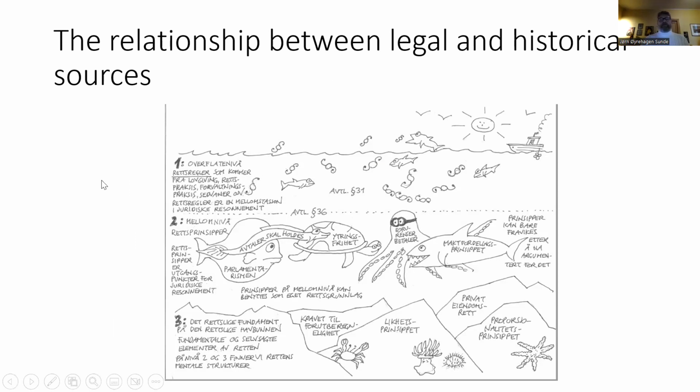So if you imagine this is the sea, it's divided into three different levels. This is the top level where you find the small fishes, and that's where you find the legal rules. They're continuously changing. Also in company law, you get changes every year in legislation or in legal practice, etc. On a middle level, you have the principles of any legal field. They change a lot more slowly.